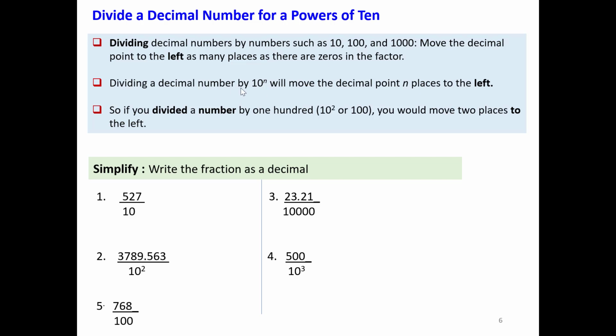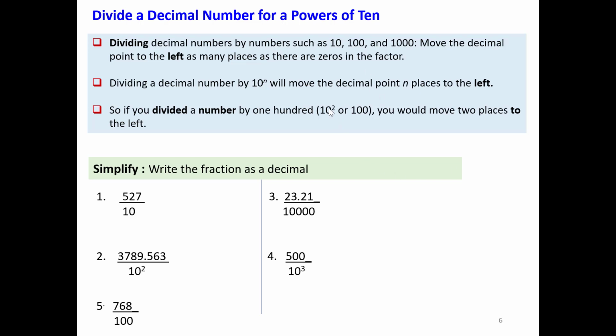If we divide by 10 to some power, for example, 10 to the second power, then we move the decimal point as many places as indicated by the exponent. For example, if the exponent of 10 is 2, then we need to move the decimal point to the left 2 places.